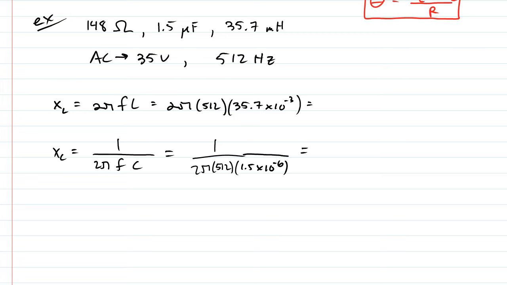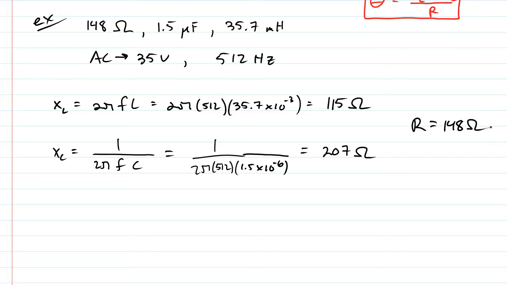Okay, and so I calculated the impedance of the inductor is going to be 115 ohms basically. The impedance of the capacitor is going to be 207 ohms. And then we know that the resistor is going to be 148 ohms.